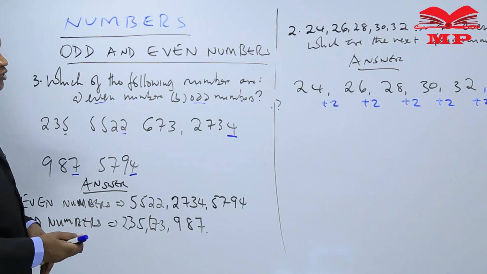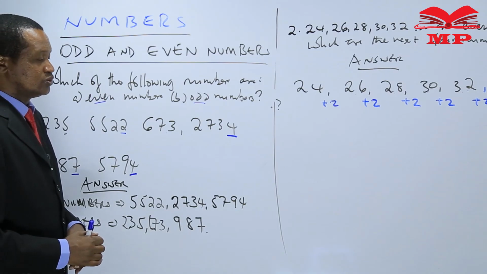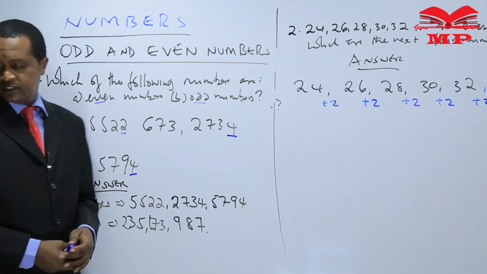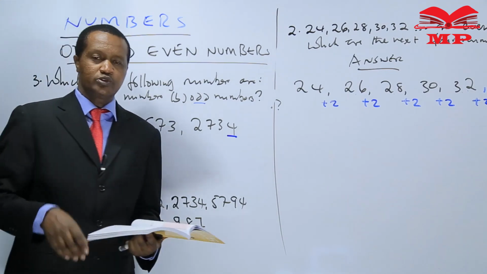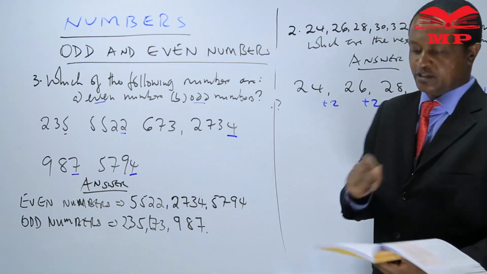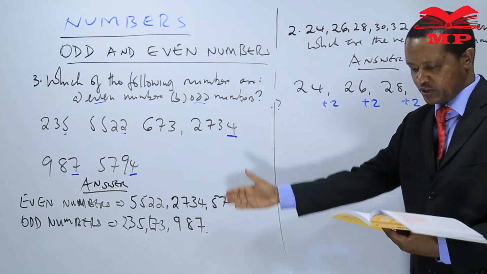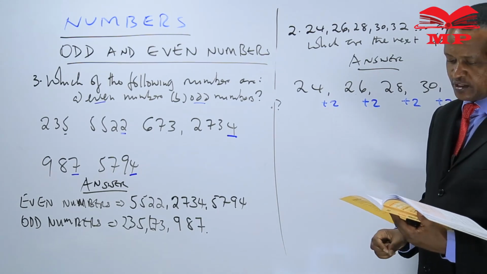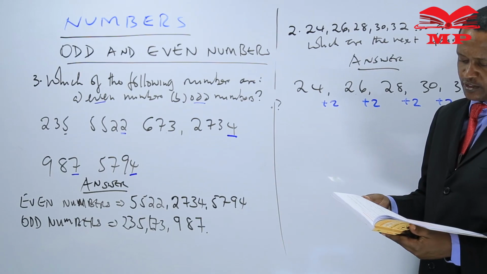Learners, these are 3 questions that we have answered, and I don't want to go on after that. I would want to send you to your book so that you have also an opportunity or a chance to practice. We have worked together, we have revised together question 1, question 2, and question 3.